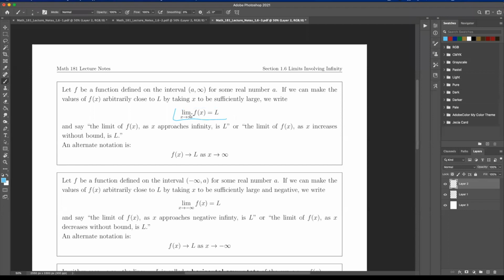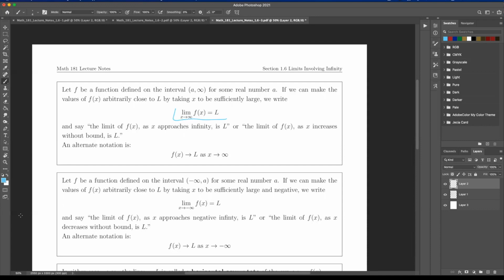So here, instead of taking finite values where the function blows up, we're going to just send x off to infinity, right? And so the limit of f of x as x approaches infinity is L. Okay, so here we're saying this limit, or as the function goes to L as x goes to infinity. And so here, not only can we have infinities in the function values, but we can also have infinities in our input values.